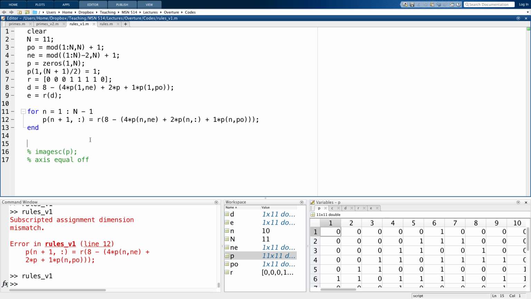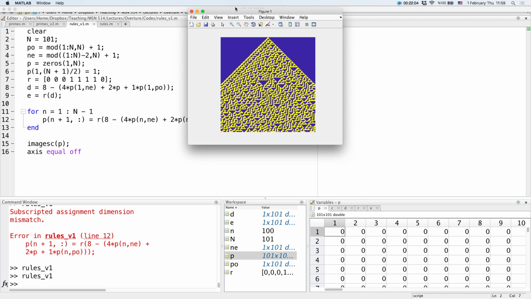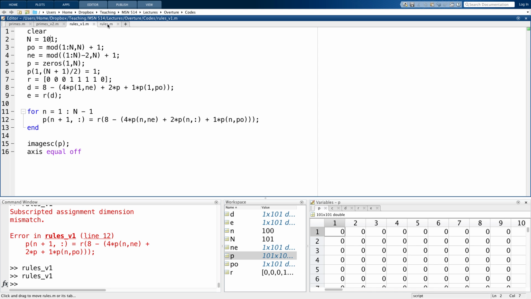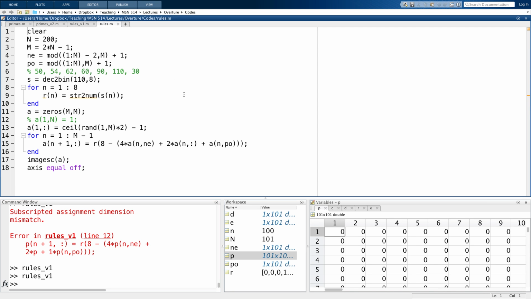We are almost there. Let's plot this thing with 101. There you go. Magic. You can see that it's really nice, and I will actually go to my original code that has everything in it.